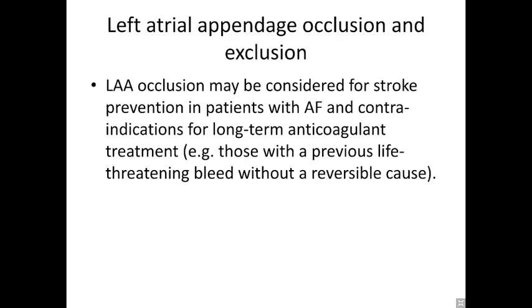Now the heart: there is one structure, the left atrial appendage, and in patients with atrial fibrillation, very often thrombus originates at this place. And we can see this thrombus on standard echo. If your patient has a contraindication for anticoagulant therapy, you can recommend left atrial appendage occlusion.